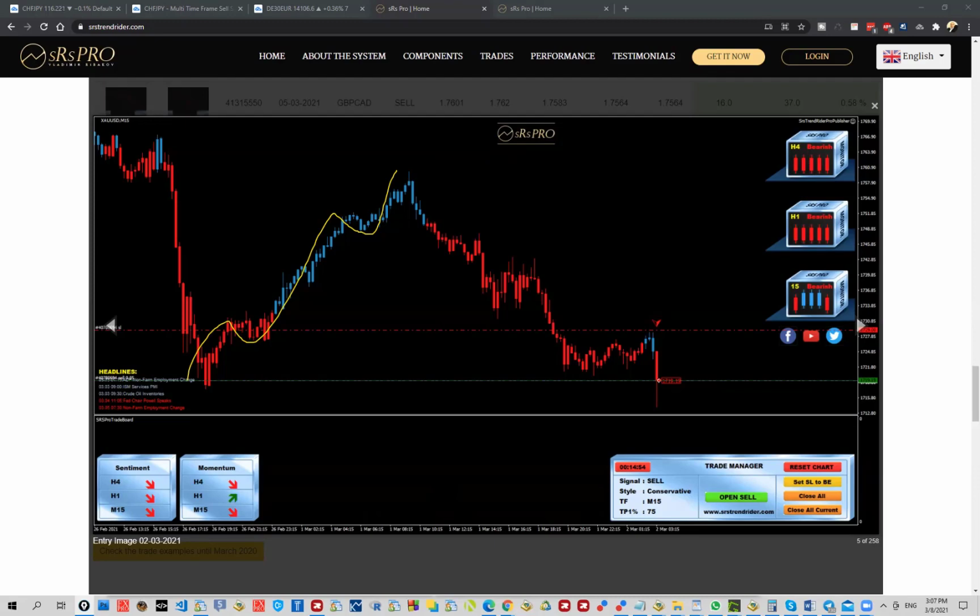Regardless, let's go back to the subject of sRs. After this move, we got the next push to the downside, almost breaking below this previous low, the pullback, and this is where the attack starts. Why would I personally not take this trade? I didn't take this one.